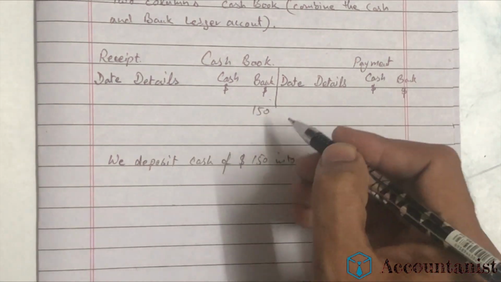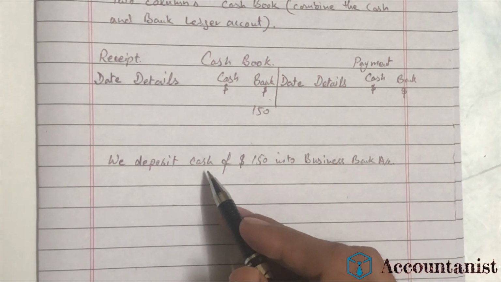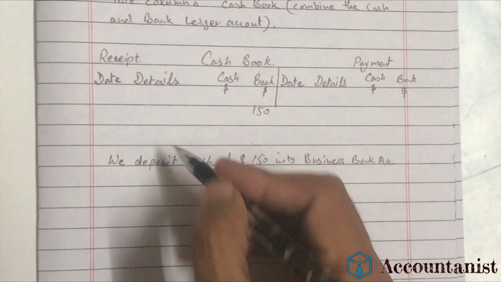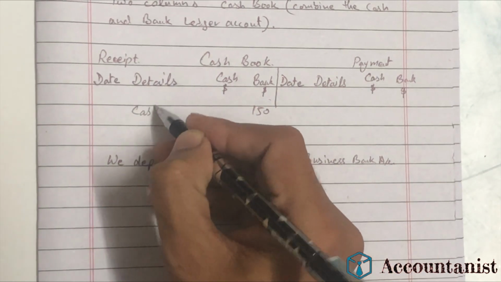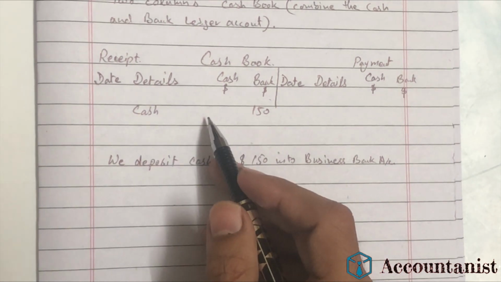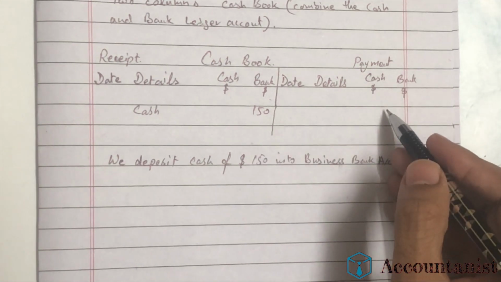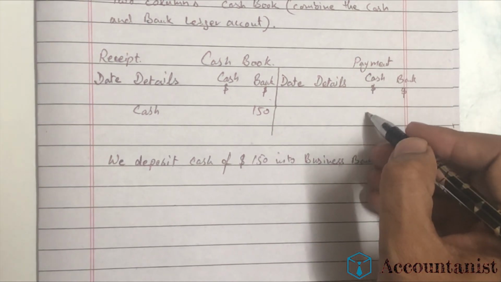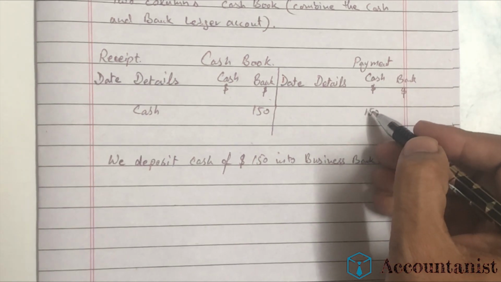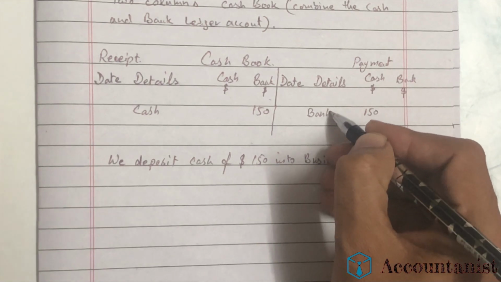As our cash is going to decrease, we'll record on this side. So it will come up here, 150 in the cash column, because we deposited this into the bank account, so it will be recorded like this.